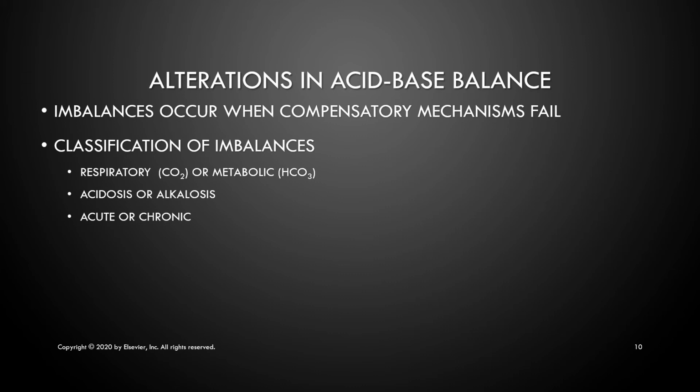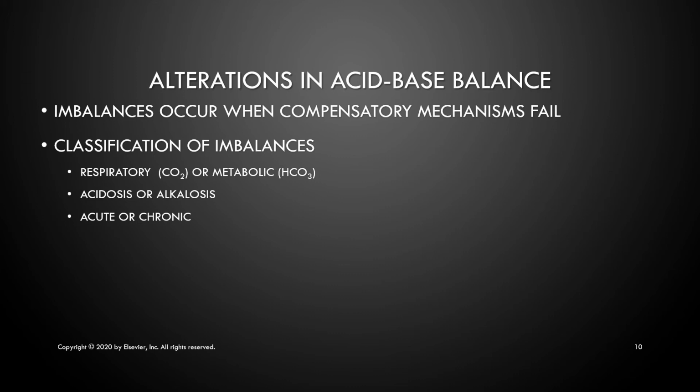We also can determine whether or not our imbalances are going to be acute, which just means that there's some type of short-term injury, or if it's a chronic problem, which is from a long-term disease process. And if that's the case, our other regulating or buffering systems are going to try to compensate.